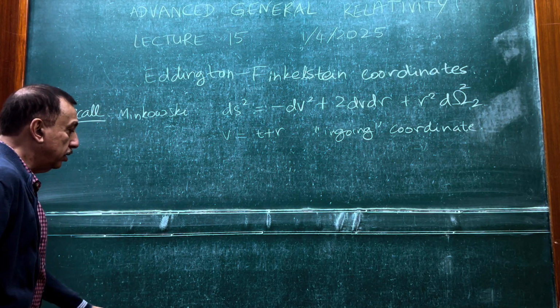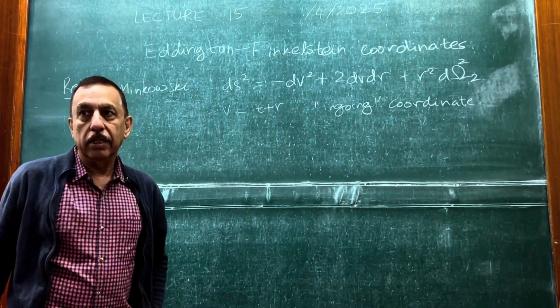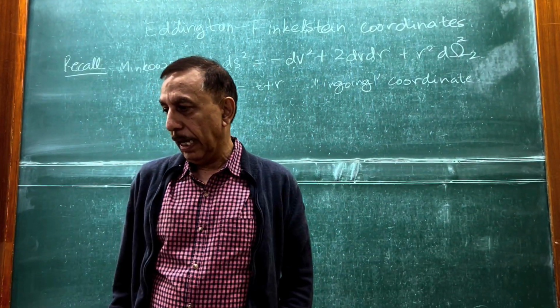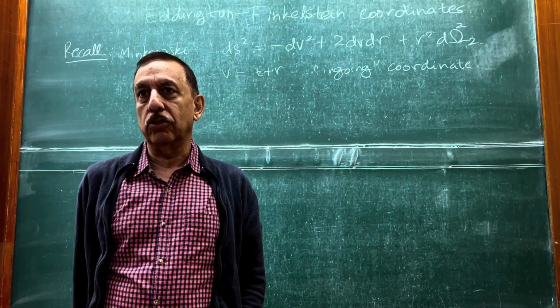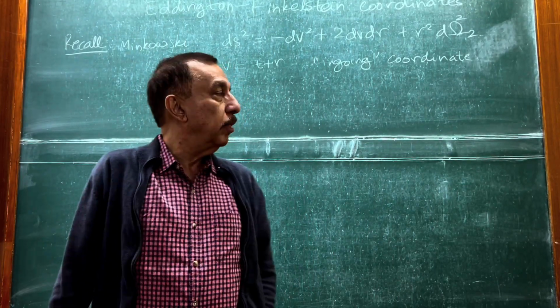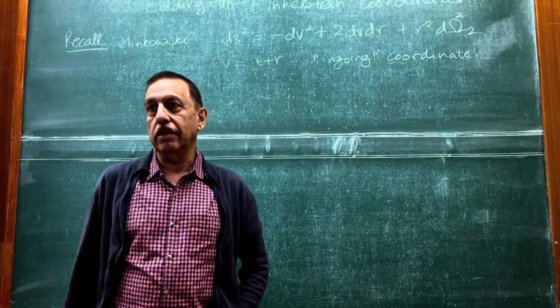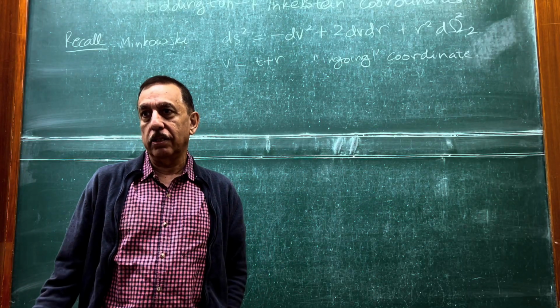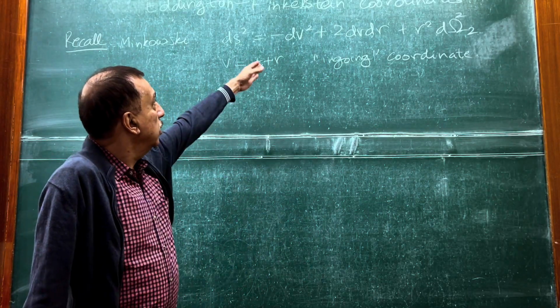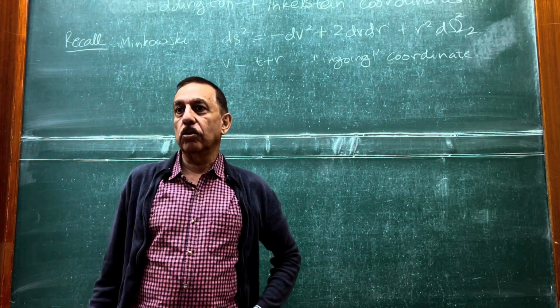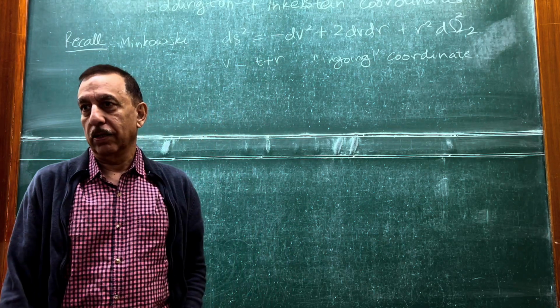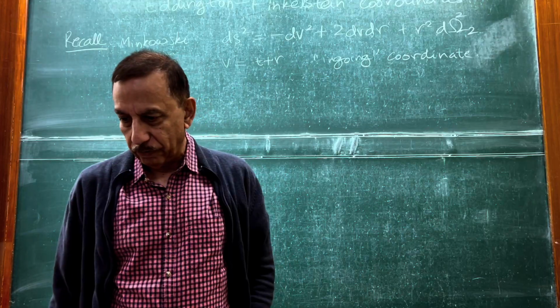Okay, so that's just to refresh our memory. Now, because the Schwarzschild solution asymptotically far away just tends to Minkowski spacetime, there should be some formulation of the Schwarzschild solution which asymptotically goes in those coordinates to this form of Minkowski spacetime, and that's what we'll look for.